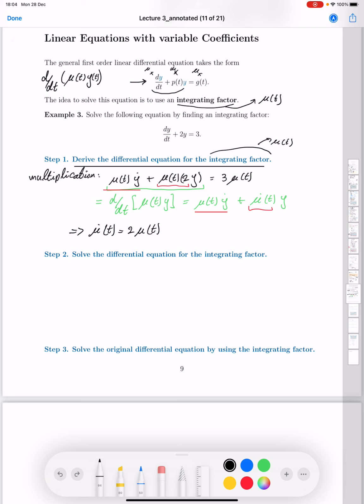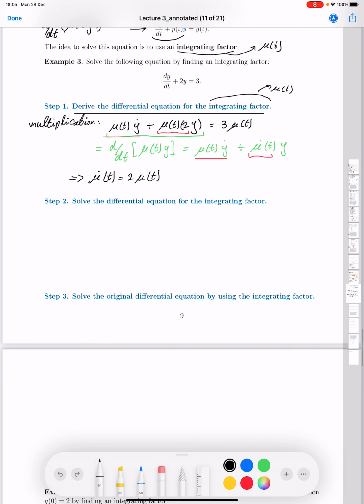If I can find a solution to this, then I can turn the left-hand side of this multiplied version, multiplied by mu of t, of the original differential equation into a derivative of a form that I know the solution to. Okay? So let me continue.